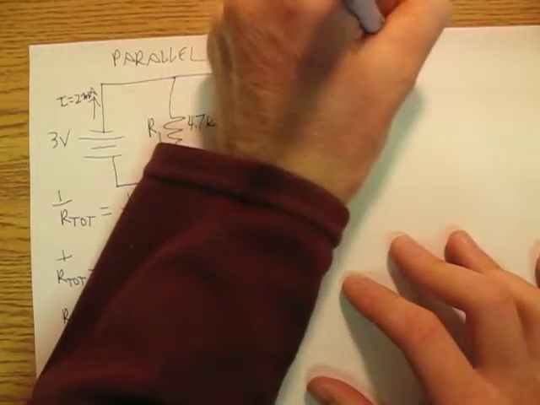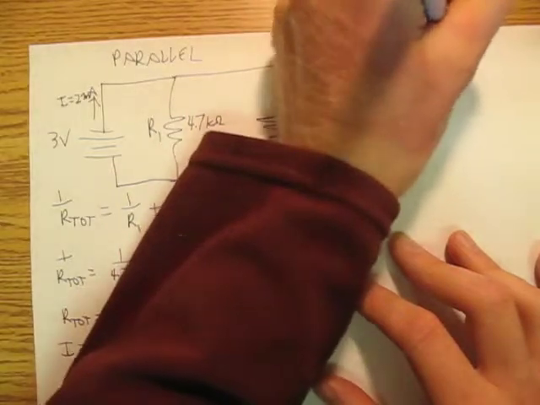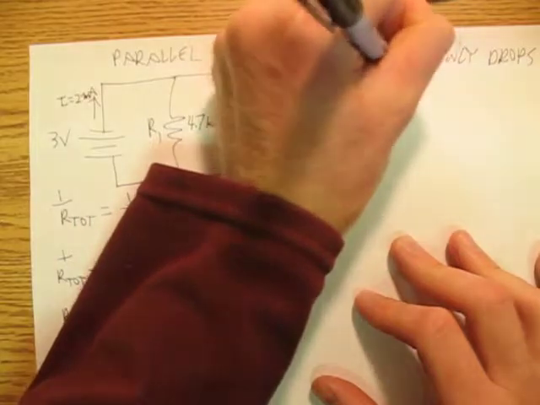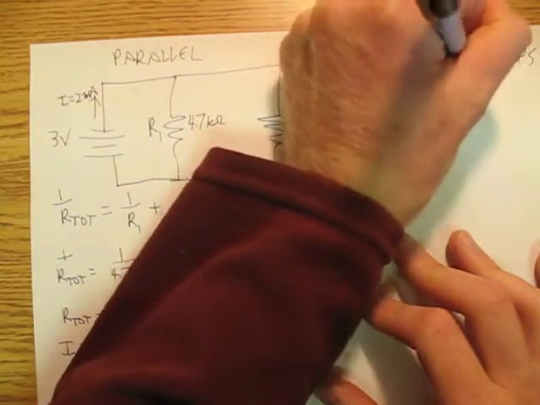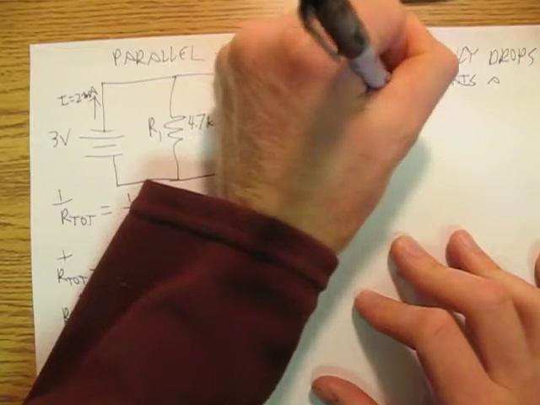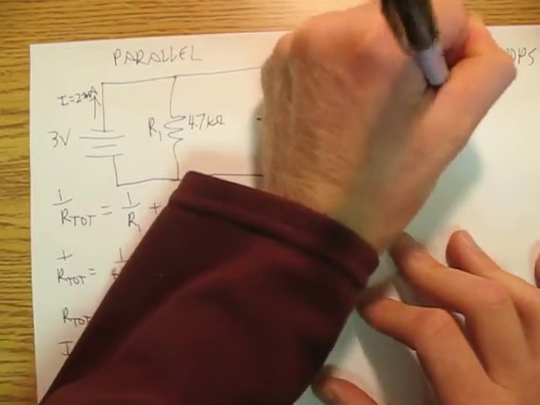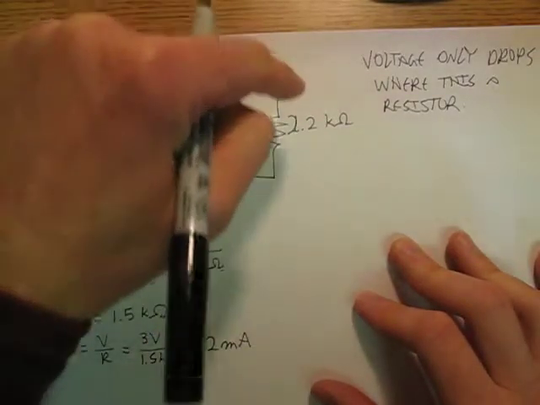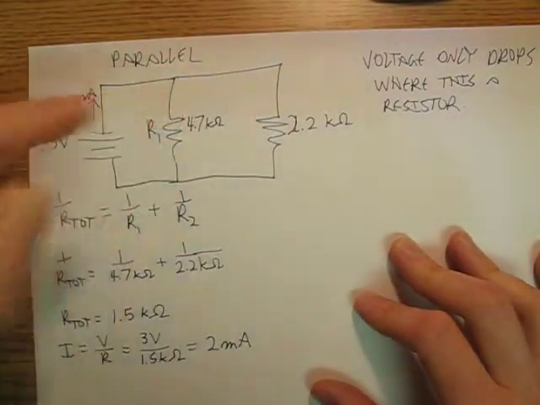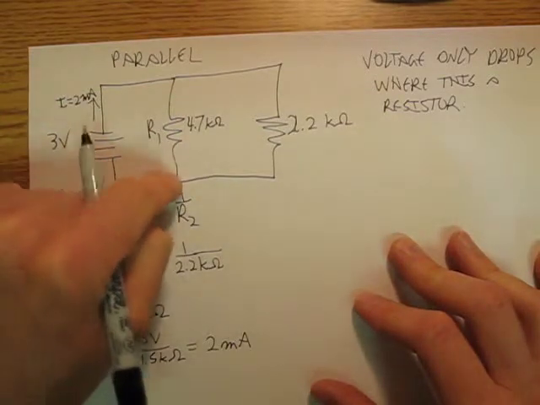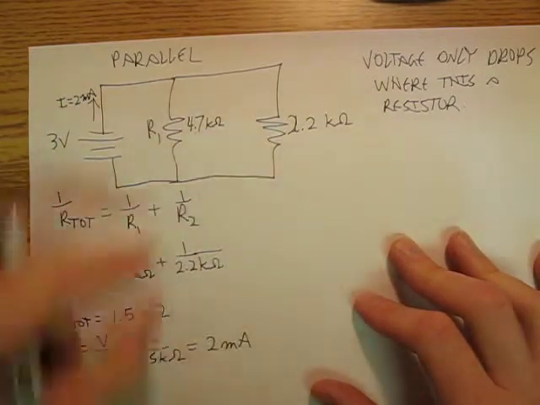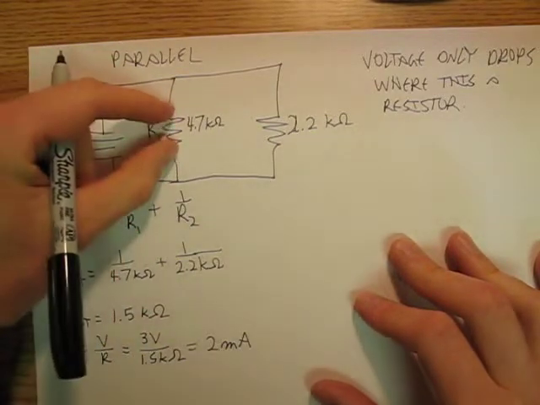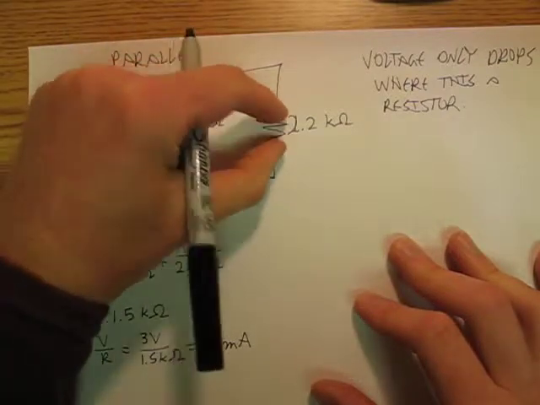So if this is 3 volts, this is 3 volts, this is 3 volts, and so on, this is 0, this is 0, this is 0, and so on. So my voltage drop, that's 3, that's 0. My voltage drop is 3 volts, my voltage drop is 3 volts.